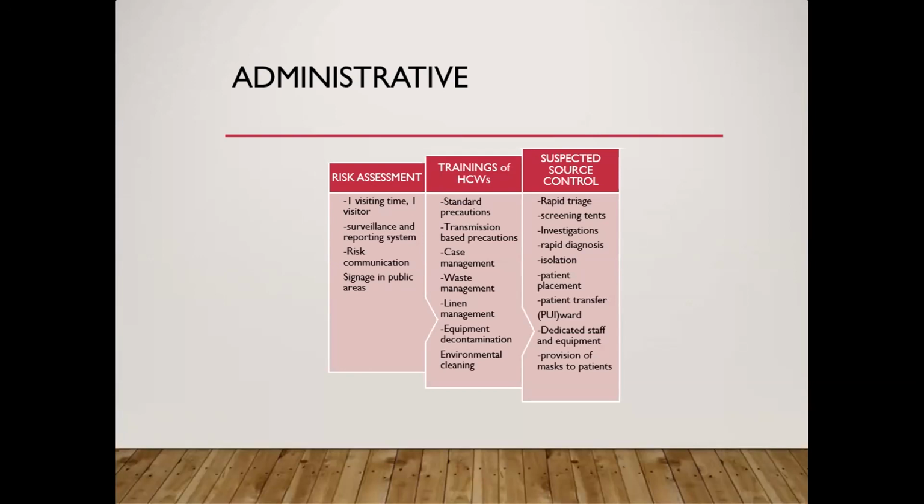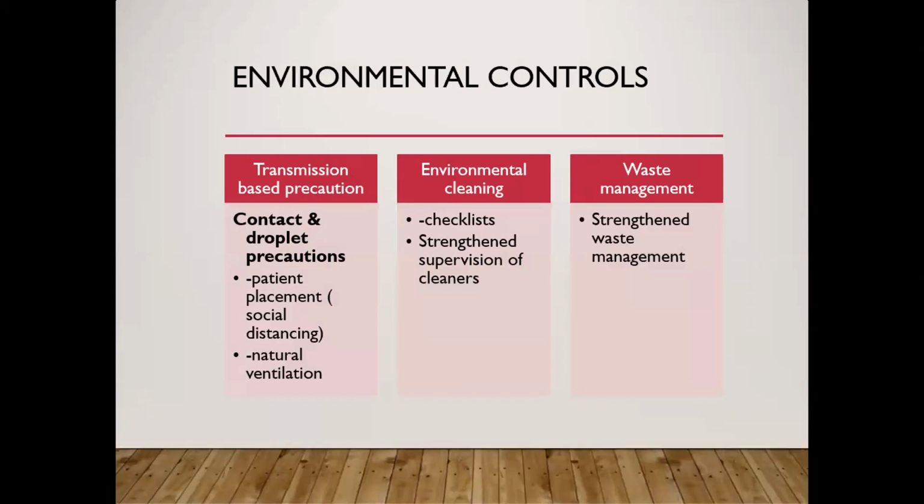And then for the environmental controls, we taught everyone, and we strengthened our IPC on contact and droplet precautions, and also patient placement. We are making sure that our patients are properly spaced at least 1.5 meters between them.